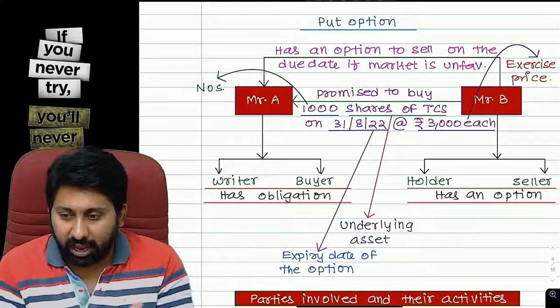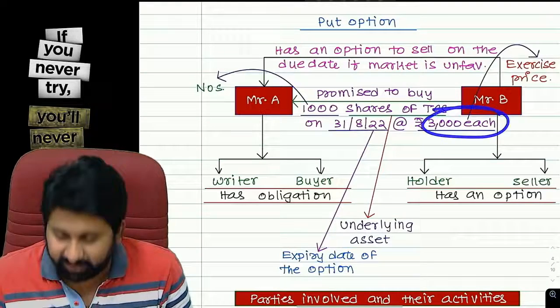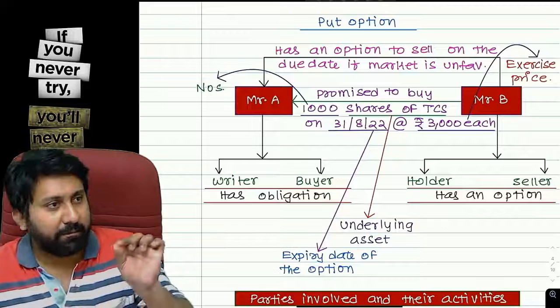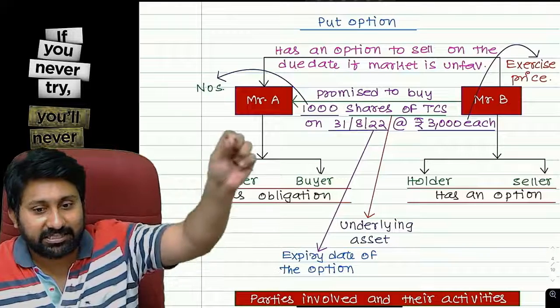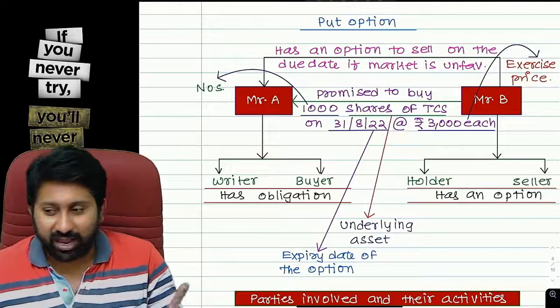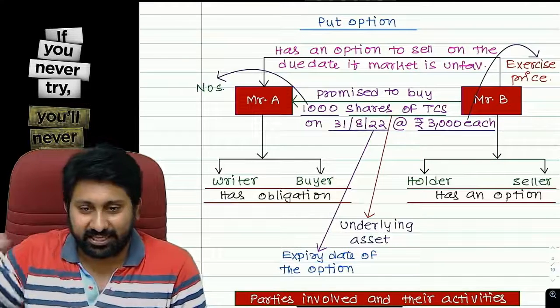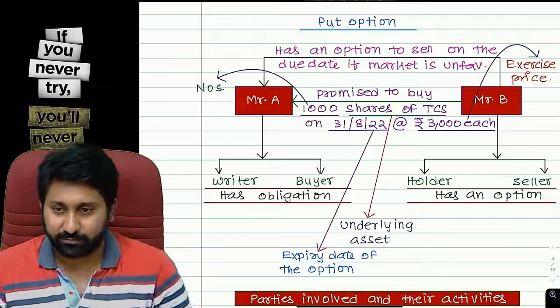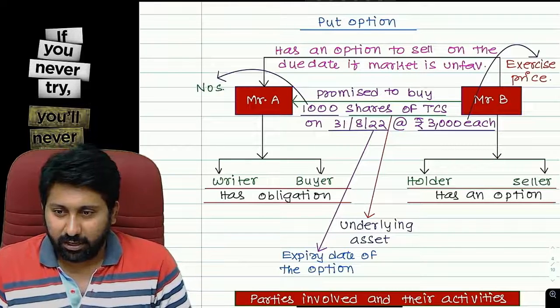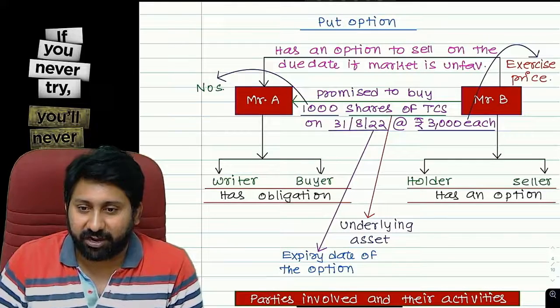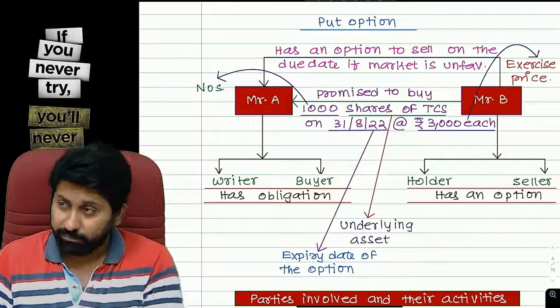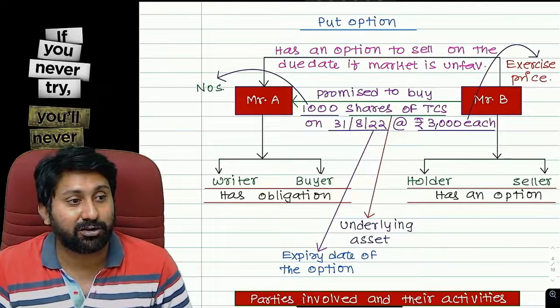Which means I lock myself at 3000 here too. If the market price rises to 3500, I will sell there, not to you. You need not buy. If the market price is 2500, I can sell in the market only at 2500.